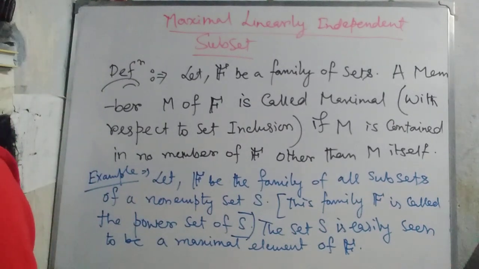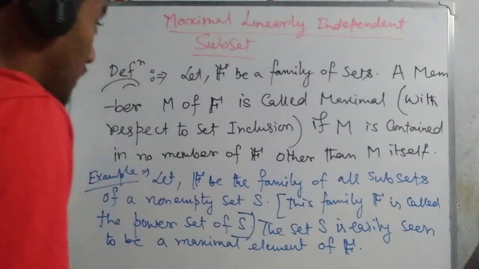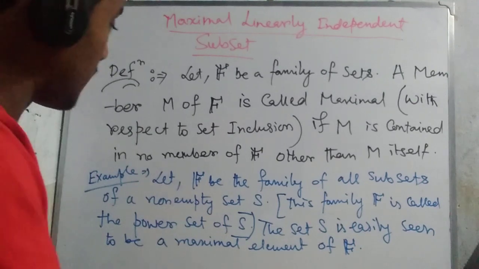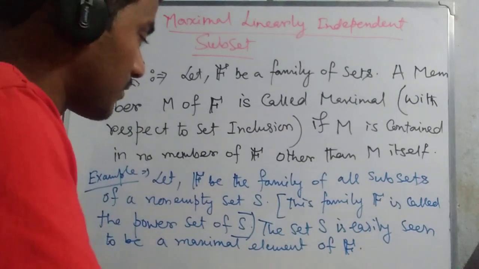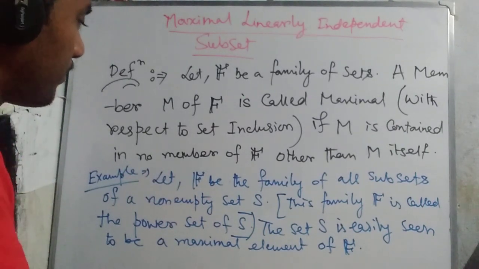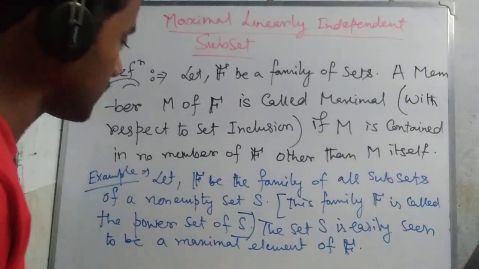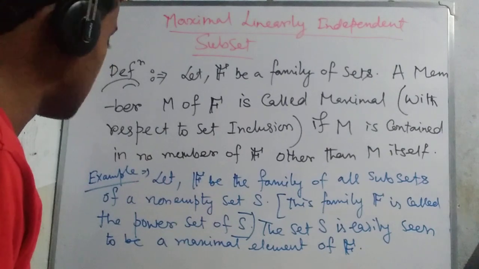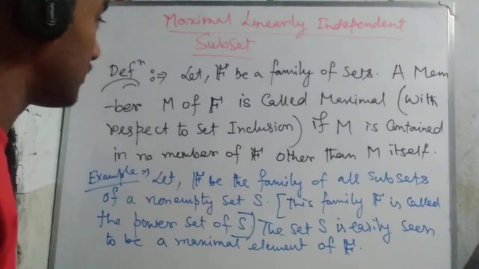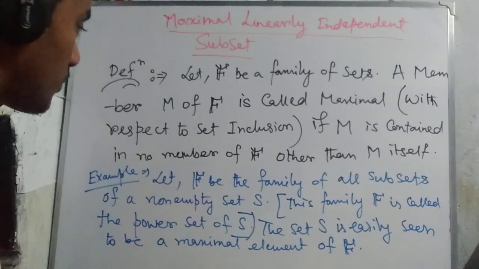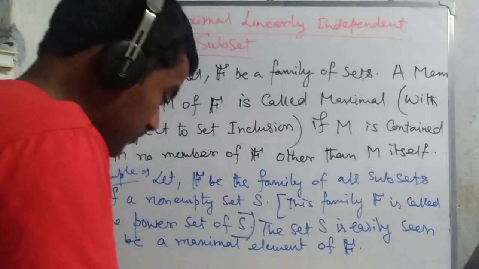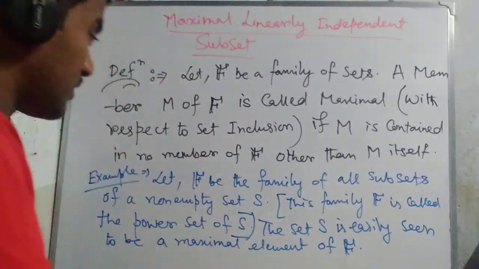If F is the family of all subsets of a non-empty set S, then S is a maximal element of F, because no subset of S contains S other than S itself.